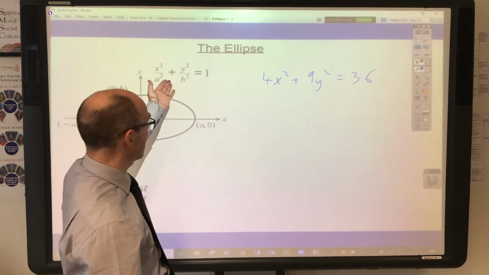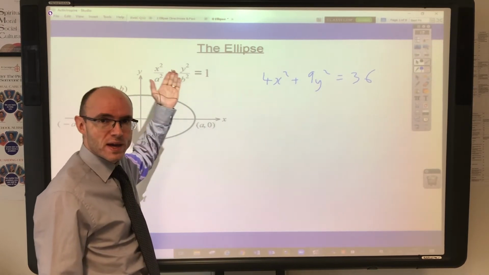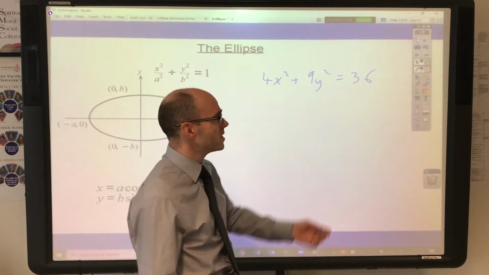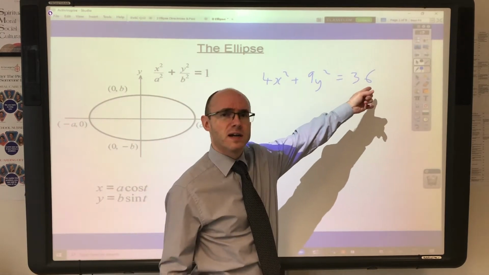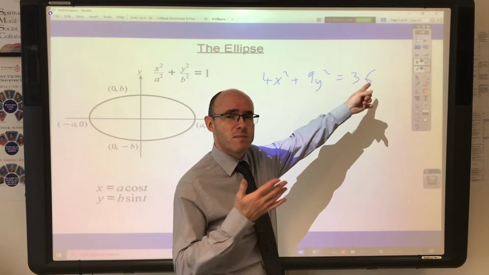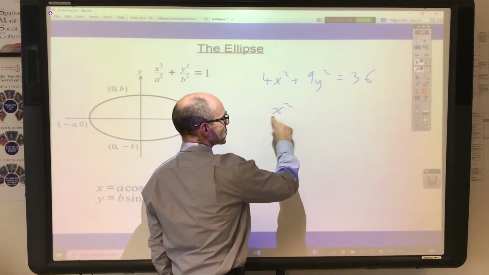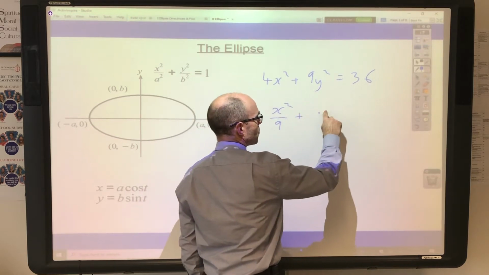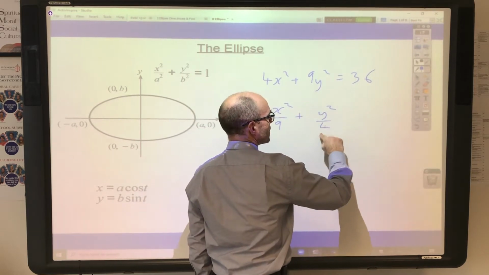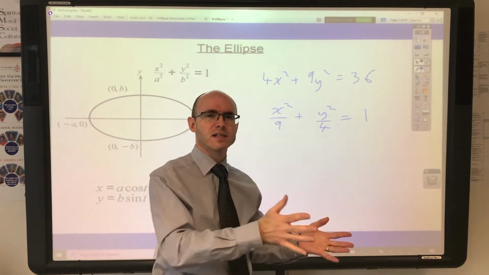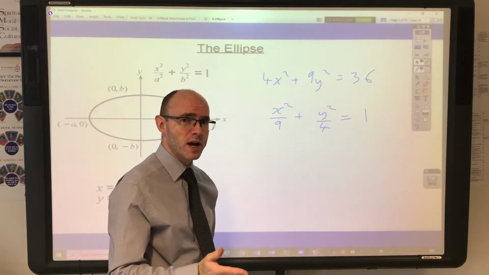We'd rather, for an ellipse, to have it in this form here, x squared over a squared plus y squared over b squared equals 1. So the thing to do is look at the number on the right hand side and divide by that number to get 1. So divide both sides by 36. Okay, so when we do that, we'll have x squared over 9 plus y squared over 4 is equal to 1.